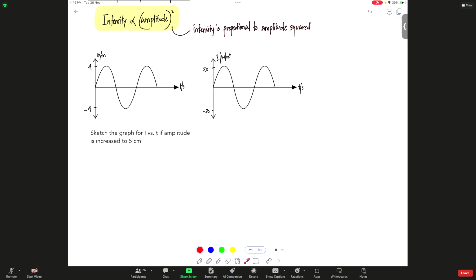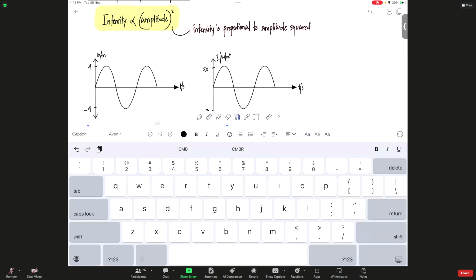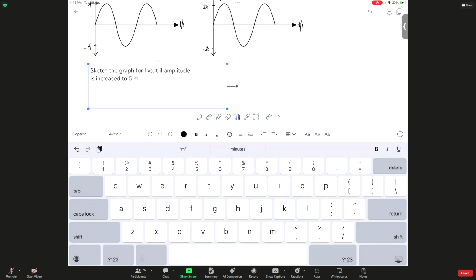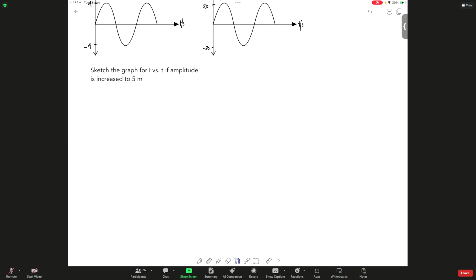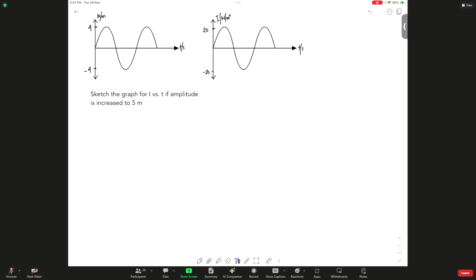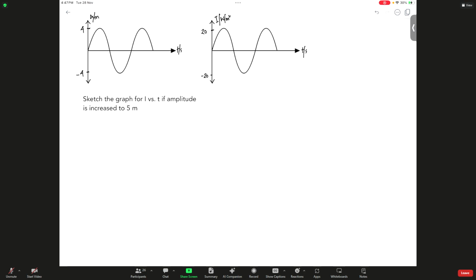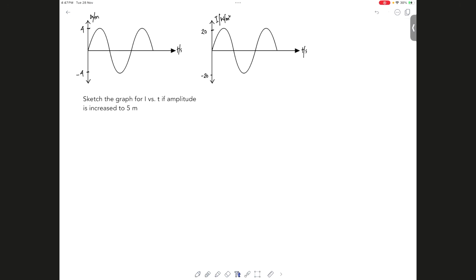Oh, sorry, at 5 meter. Right, so let me explain the question: my amplitude was 4, my intensity was 20. My amplitude is 5. What is intensity? That's the question, okay? 31.25. Yeah, highest point is 31.25.